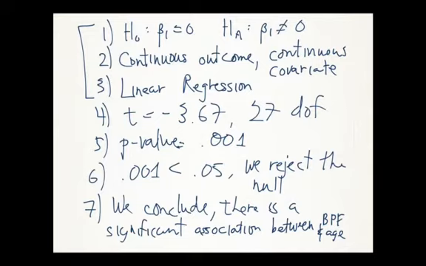And we don't want to stop there. We want to say specifically, it appears that as age goes up, BPF goes down. And we knew that because the coefficient for age was negative. Okay? So what does that look like in Stata?